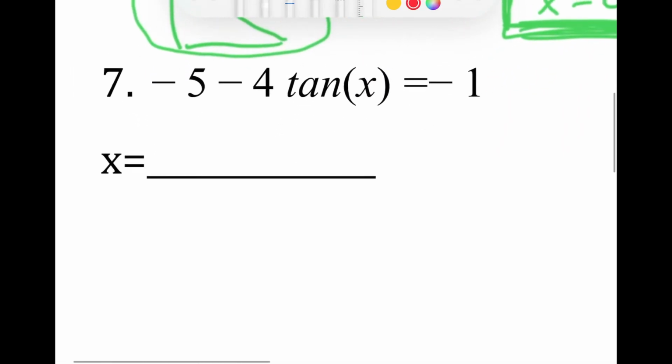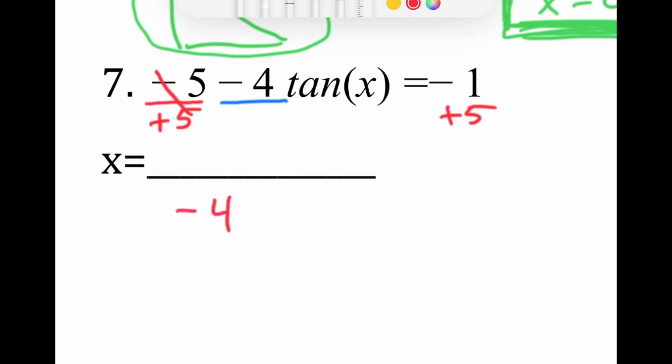Number 7. So we've got -5 to get rid of. We also have a -4 to get rid of before we can do the inverse tangent. So in this case, we're going to add 5 to both sides.